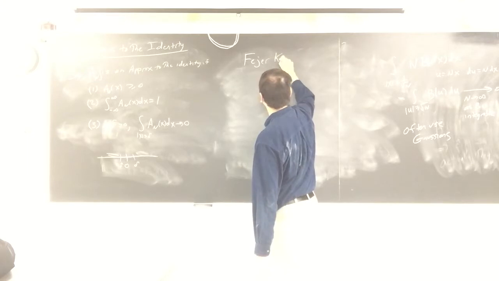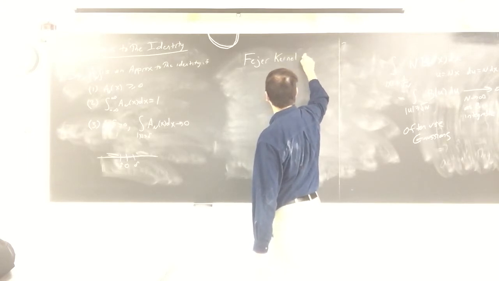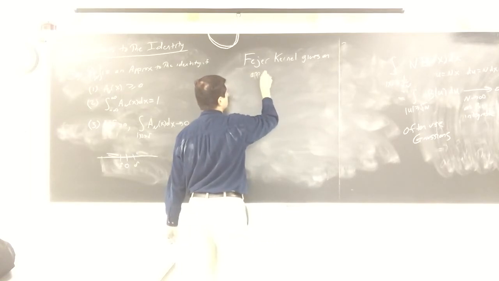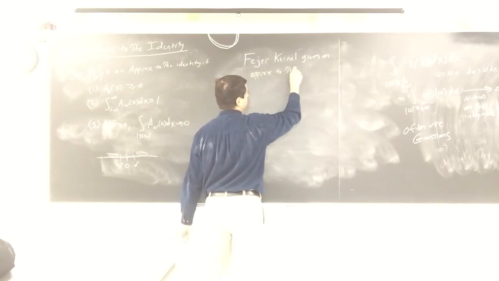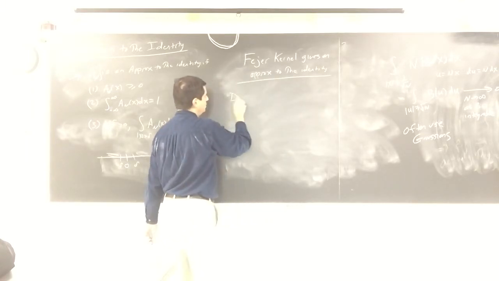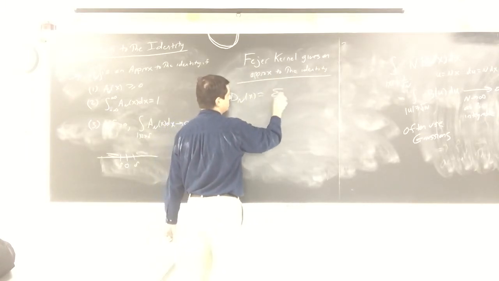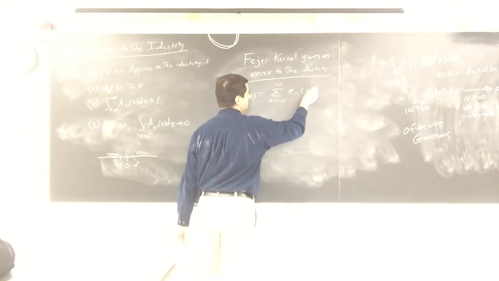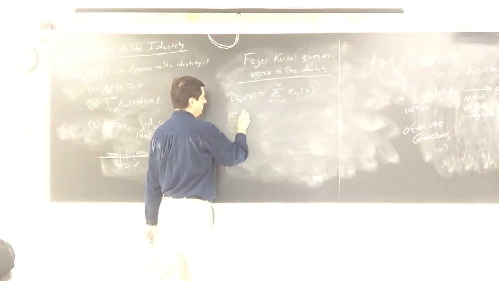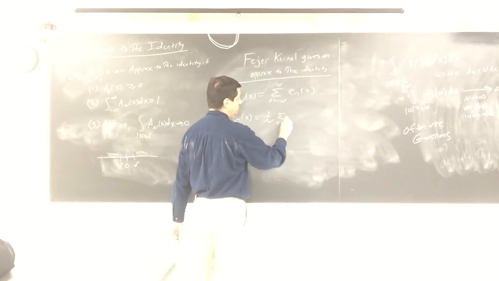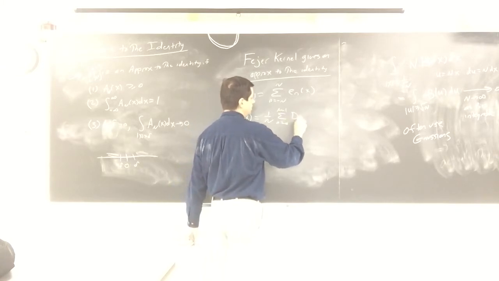The Fourier kernel gives an approximation to the identity. So recall, D_N of x was the sum, n goes from minus N to N, of e_n of x. F_N of x was 1 over N, the sum n goes from 0 to N minus 1, of D_n of x.